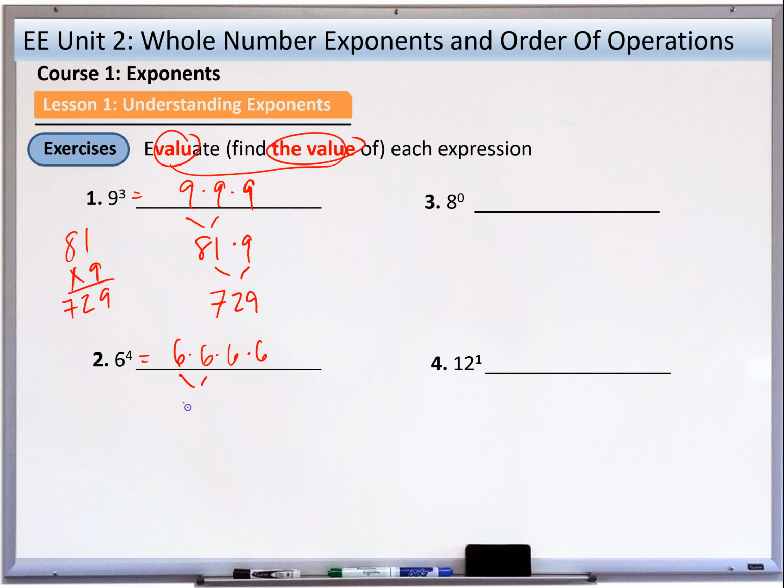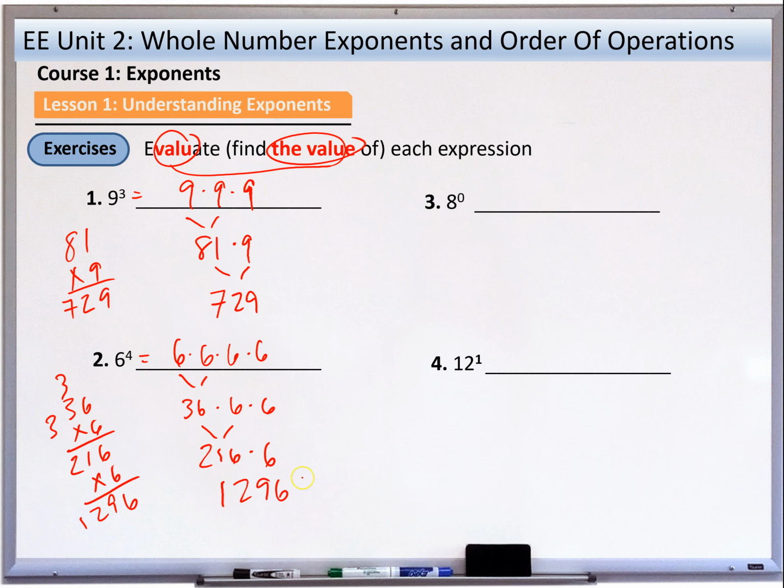So we have 6 times 6 is 36, and 36 times 6 is 216, but I have 6 one more time to multiply that by 6. That's 1,296. 6 to the 4th power is 1,296. It is not equal to 6 times 4 or 24.